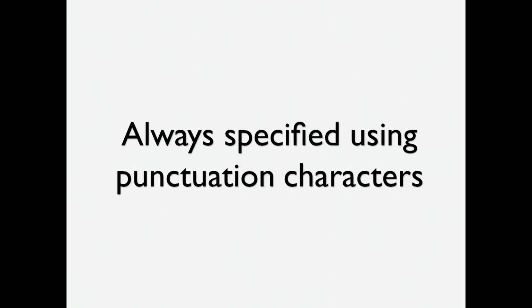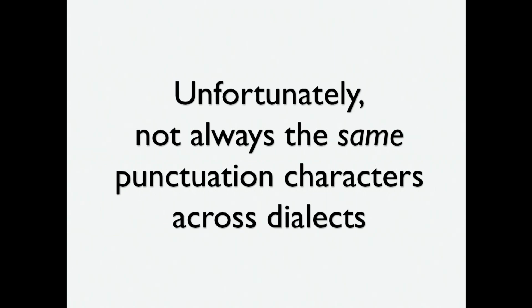And in all of the dialects that we're looking at, these metasyntaxes are specified using some kind of punctuation character. Unfortunately, it's not always the same punctuation character across the dialects, and that can be kind of frustrating.